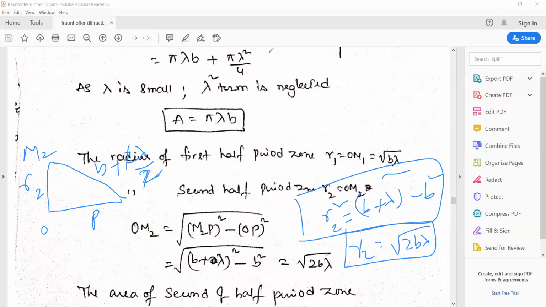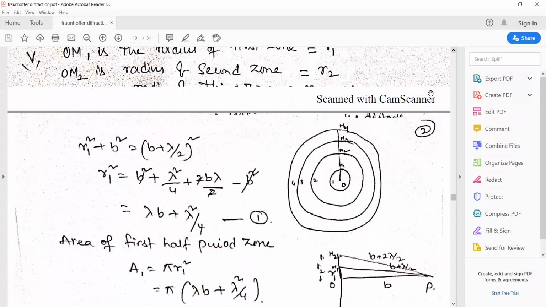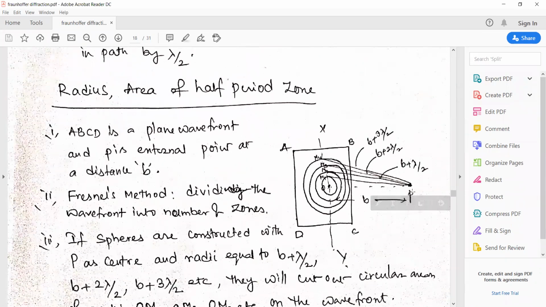Here I forgot to tell you one thing. See the distance from the point P to different half period zones. From P to M1, the distance is B plus lambda by 2. P to M2, B plus 2 lambda by 2. P to M3, B plus 3 lambda by 2. Similarly, if I want P to Mn, Mn is the nth half period zone, that will be B plus n lambda by 2.